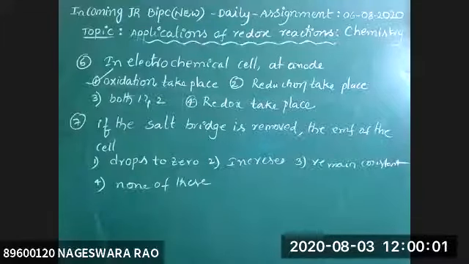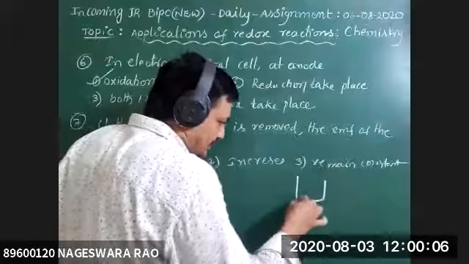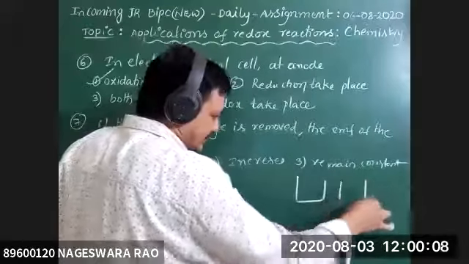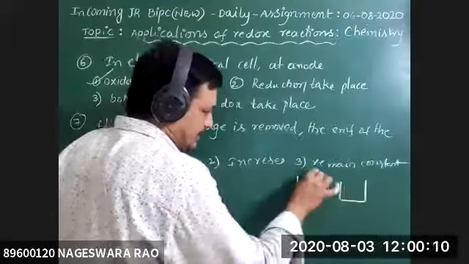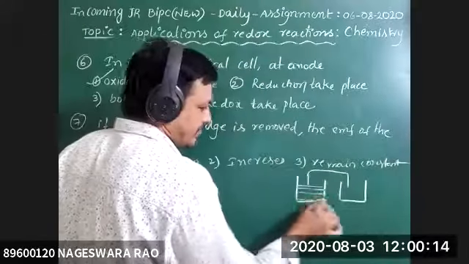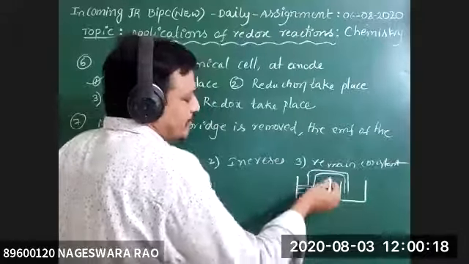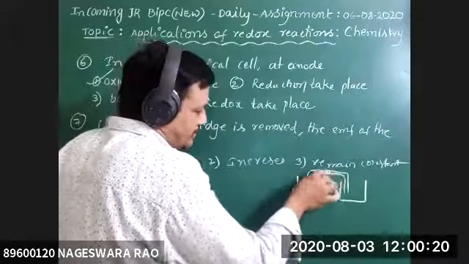In galvanic cells, a salt bridge is there that maintains electrical contact and neutralizes the extra charges. Remove that salt bridge, what happens?